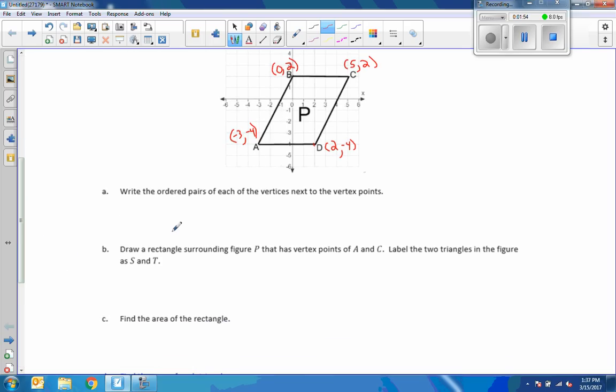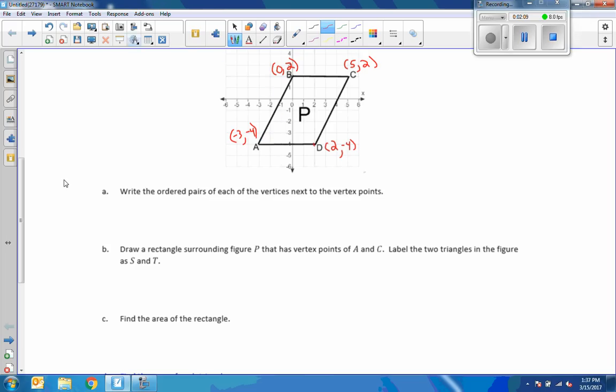Now B says to draw a rectangle surrounding figure P that has a vertex point of A and C. So we're going to use these corners as our vertex points of our rectangle.